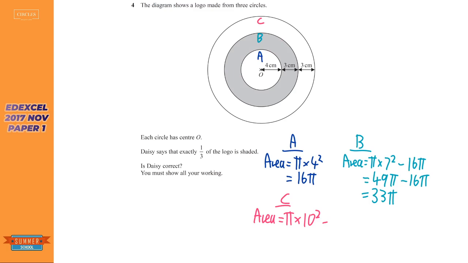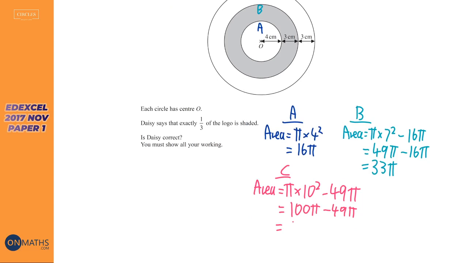No, got to take away the whole thing. So it would be the 49 pi. Nearly made a mistake there. So we need to take away the whole thing, not just the shaded bit. Okay, so that's 100 pi. Take away 49 pi, which would be 51 pi.